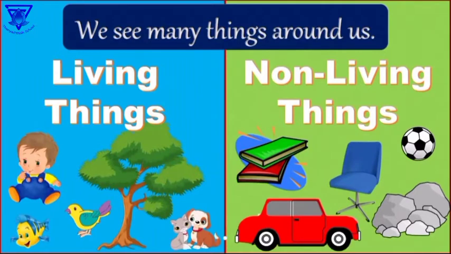Let us see some pictures. Animals, trees, and human beings are all living things. Book, chair, ball, car, and rock are all non-living things.